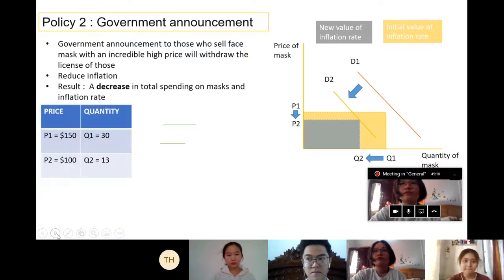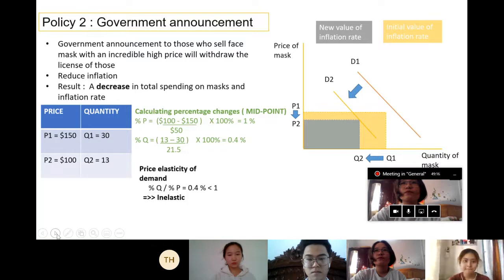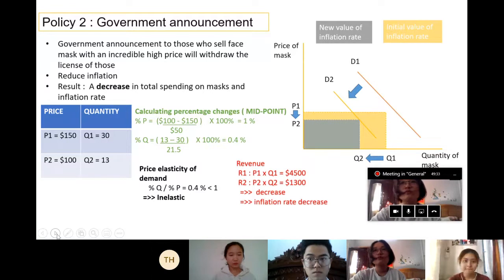This is the price and the quantity after the decrease, and I have calculated the percentage changes using the midpoint method, and the price elasticity of demand is 0.9, which is smaller than 1, which means the price elasticity of demand is still inelastic.